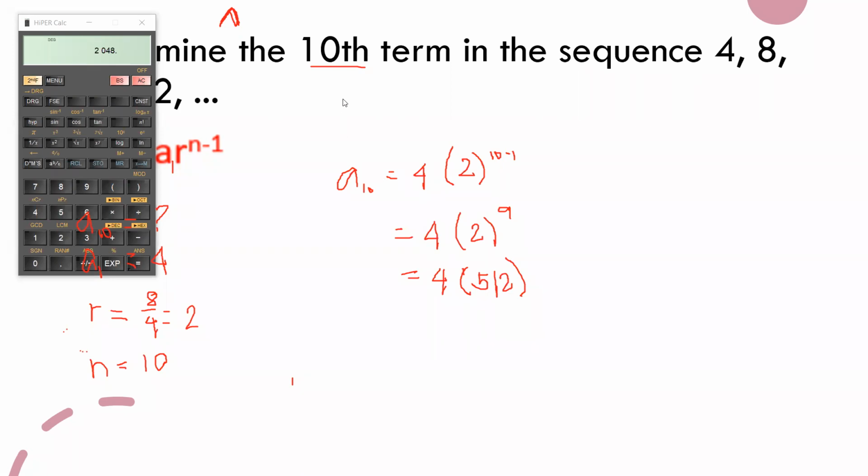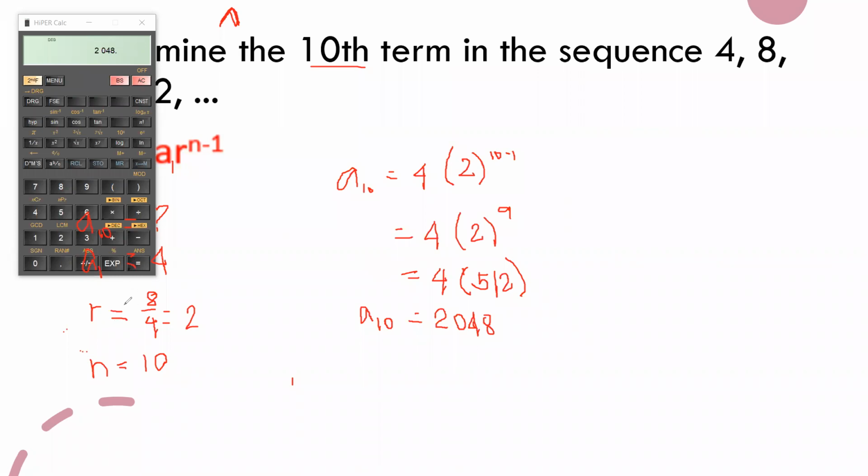So our final answer is 2,048. Again, you can use your calculator; I highly recommend it. If you have an ordinary calculator, just multiply 2 ten times. That's fine. Okay? Any question?